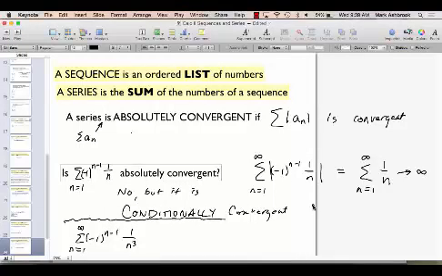Harmonic is a p-series. So for this one: absolutely convergent, conditionally convergent, or divergent? This is the new way we'll be analyzing a lot of series. We'll say, is it absolutely convergent? Is it conditionally convergent? Or is it divergent, not convergent? So of those three, which would you say it is?